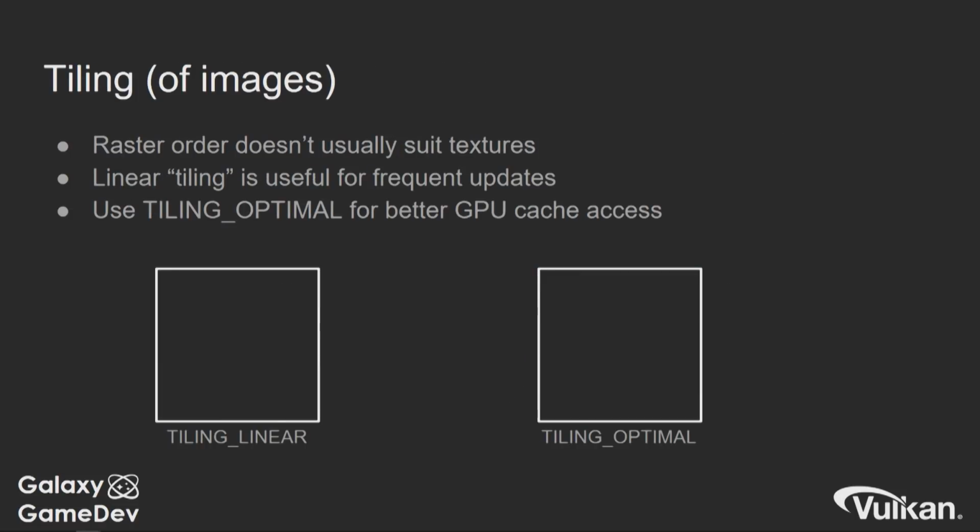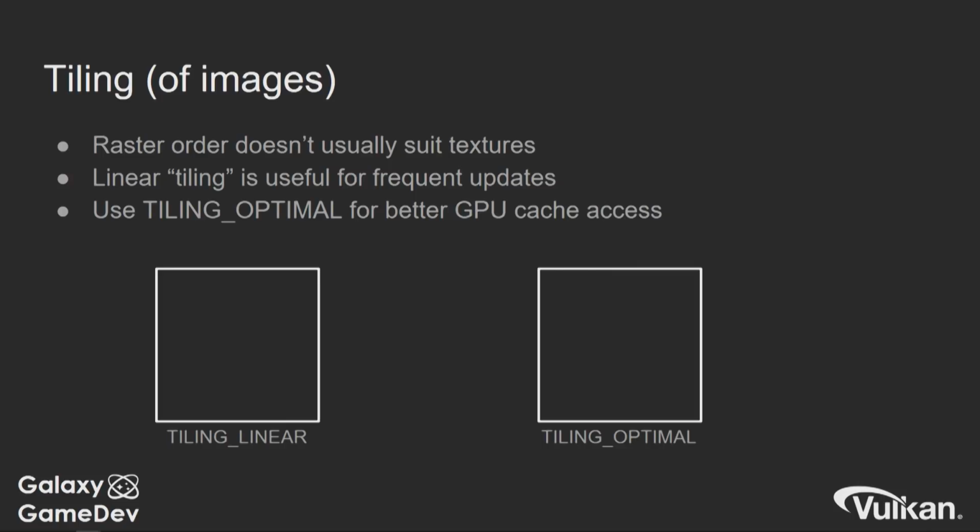But for images, this might still be required, and here is why. There are two ways of storing images in Vulkan. The first one is linear tiling.